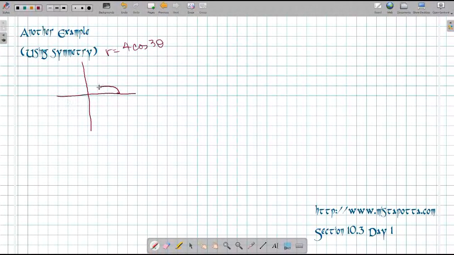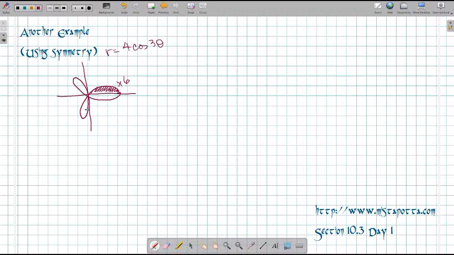So I'm going to have 3 petals. But one of the things that I notice is that if I found the area of this petal, I could just multiply that times 6, because multiplying it by 2 would give me this petal, and then multiplying that result times 3 would get me the other 2 petals.